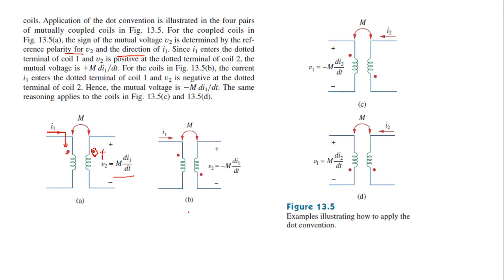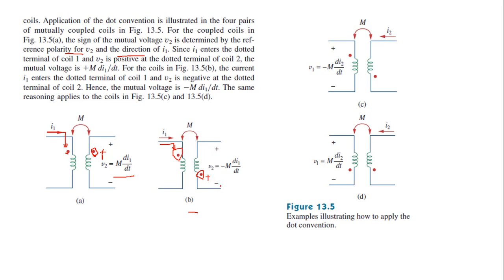Now let us consider the second figure. Here also the dot is in coil 1, dot is placed here, and in coil 2 the dot is placed here. So you can see that in the second figure also the current enters the dotted terminal. So in the second coil, wherever the dot is present, that terminal is positive.